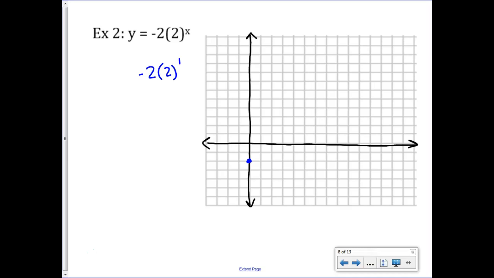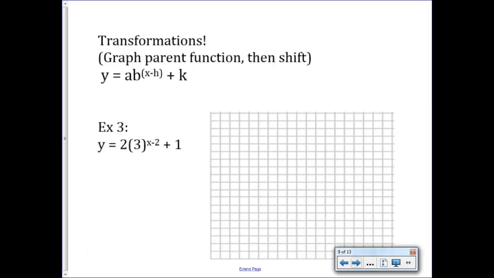So -2 times 2 is -4. So that point is (1, -4). That's a whole lot steeper than our last graph. And here's our asymptote, where we approach but never reach.